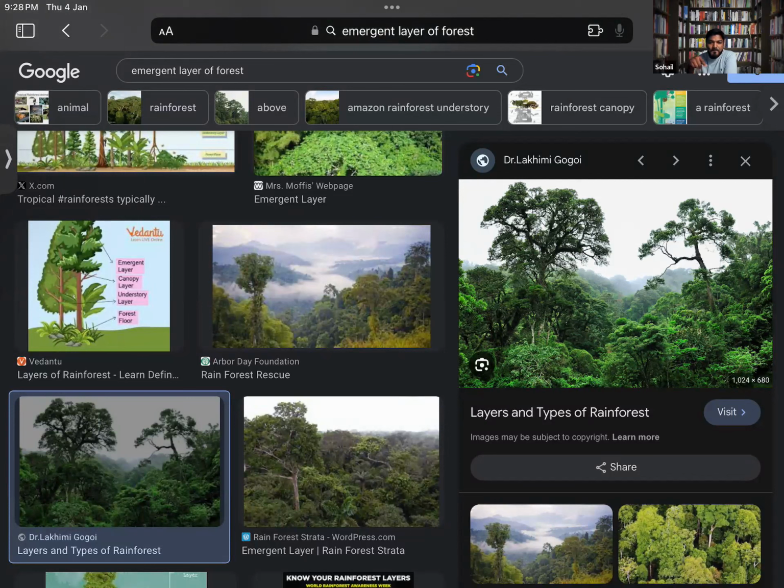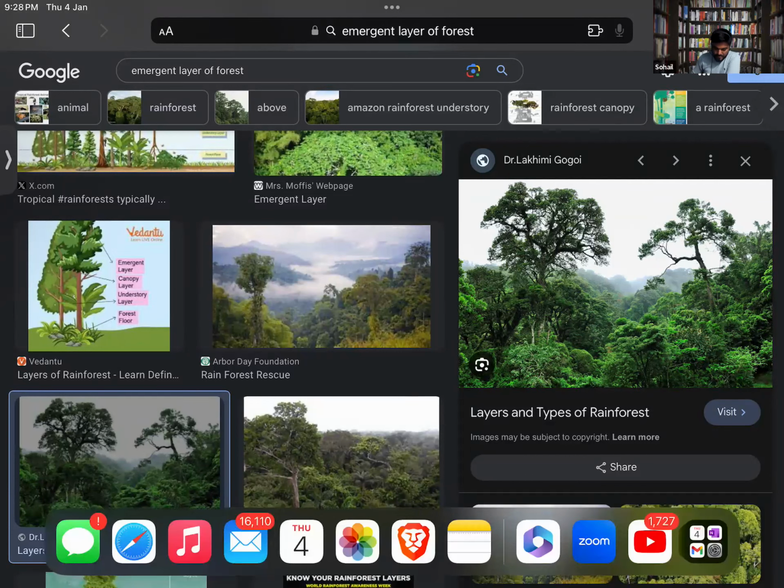Sir, it is visible but it is like hanging in between. Yeah, I also observed that. Is it visible now? Yes, sir. That is the emergent layer of the forest which I'm talking about, right? Okay, hope you got a better picture of it now.